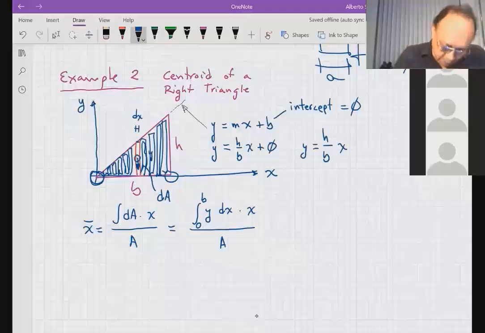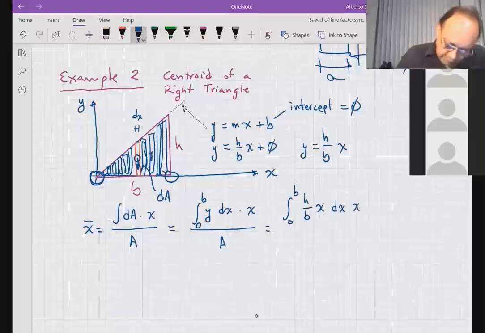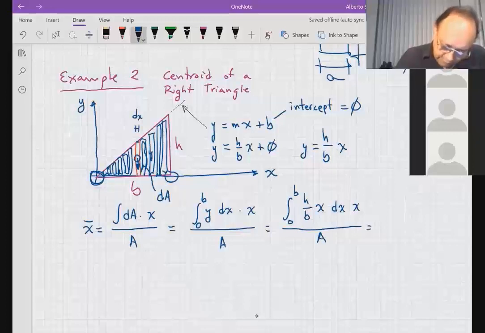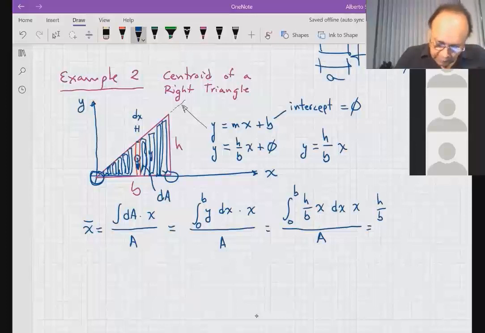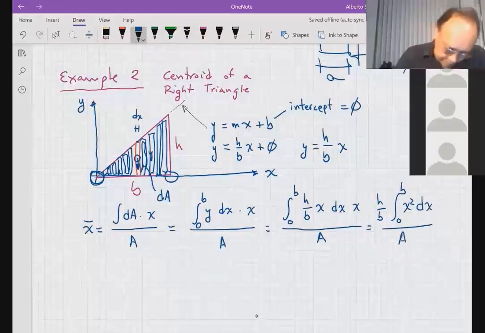Okay? So then our expression here for the integral will be 0 to b. Y is h over b times x dx, x divided by area. So here we have h over b can go out, and we have integral of 0 to b of x squared dx divided by area.